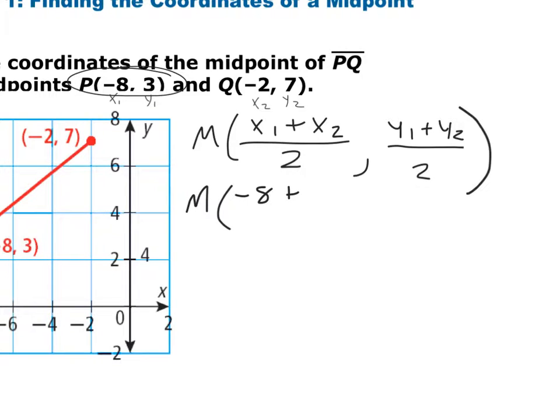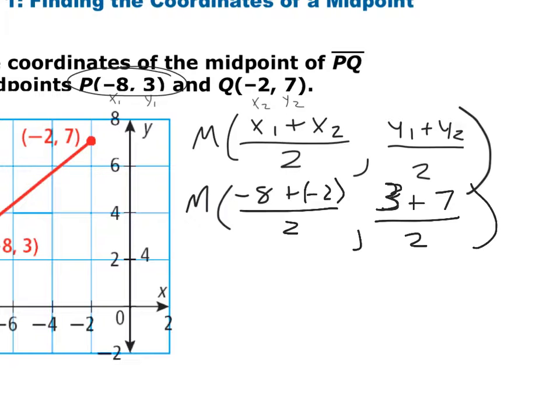So we would add the x1 and the x2. So the x2 would be negative 2 over 2. So now we do the y1, which is 3, plus y2, which is 7, and divide by 2.